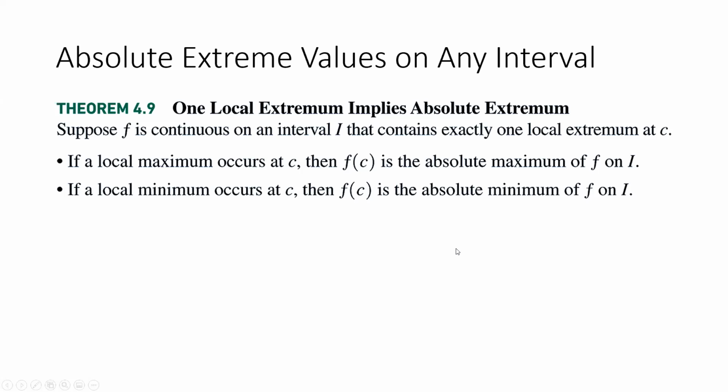You can think about maybe the graph that would go along with that. So if I only have one local max, that means that the function must be increasing before it and decreasing after it, and that's the only point where that occurs. So there's only one possible place that's a local maximum, meaning that has to be our local max and our absolute max.